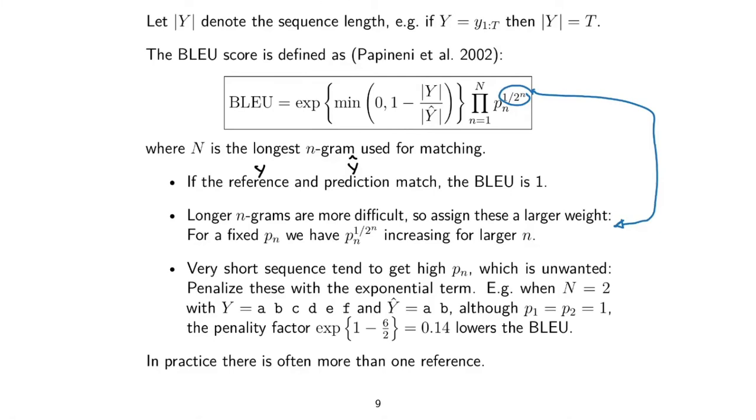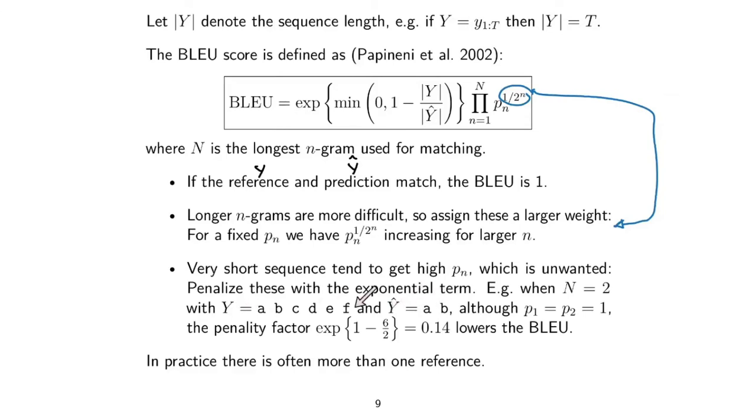The little example here is if your output is AB, but your ground truth is A, B, C, D, E. AB, we'll see an example now. You actually have A occurs here, B occurs here, so your unigram precision is 1. AB also occurs here, so your bigram precision is also 1. And you would have got a BLEU of 1, which is obviously wrong, right?